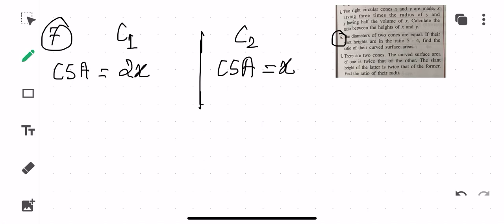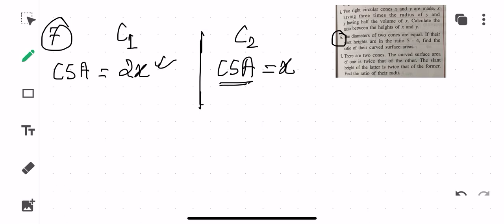Now what are they saying, children? The slant height of the latter. So which is the latter, children? The curved surface area of one is twice the other. Okay, so which one will be the latter one, children? Of course this is going to be the latter one. So here which one are we going to take?